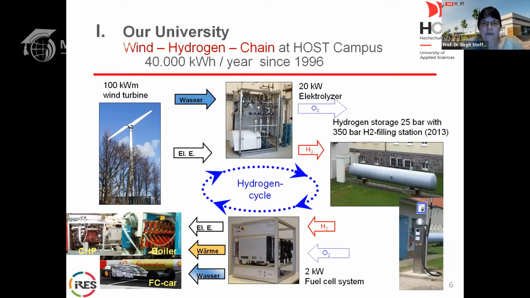We have a hydrogen cycle, so that energy from renewable sources like wind or solar energy can be stored in the form of hydrogen. Here you see a hydrogen tank, and the energy is fed back into the grid by fuel cell systems when needed.